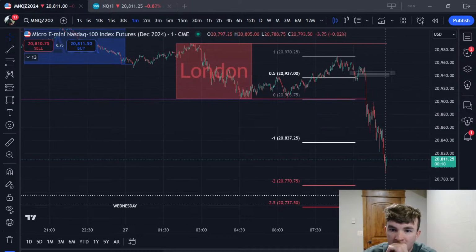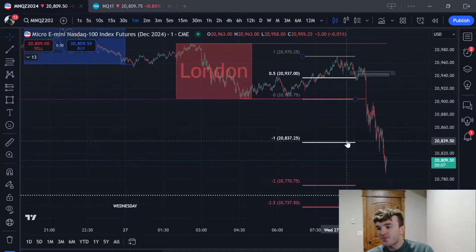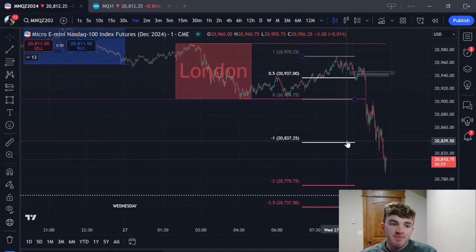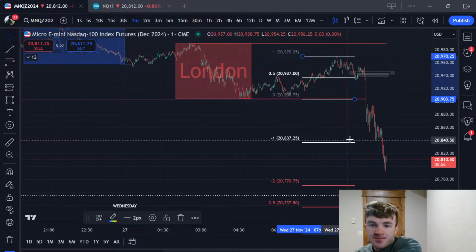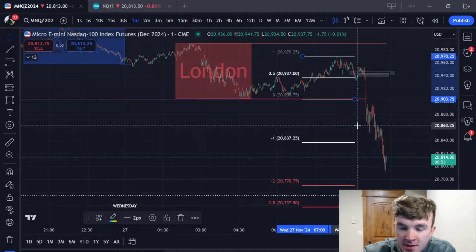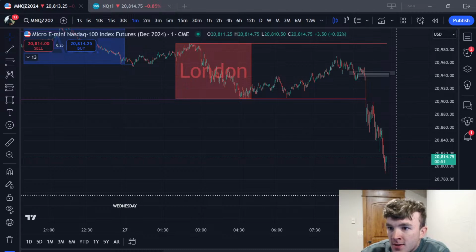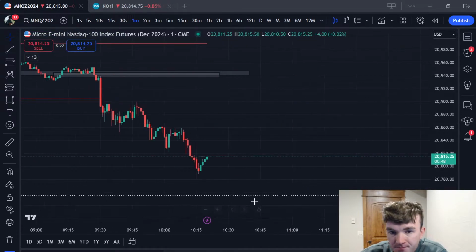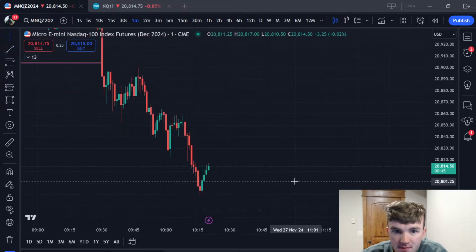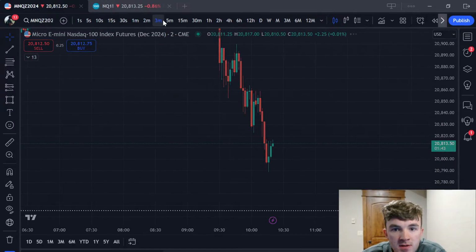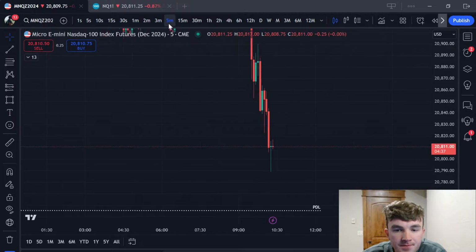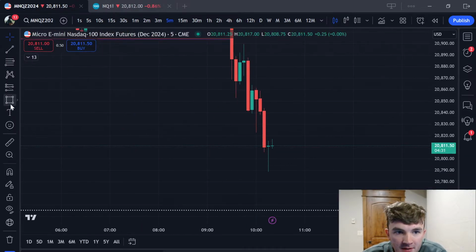Okay, so maybe I think we are drawing to the previous day's low. So with that in mind, we can maybe get a trade down there. So we have this 5-minute value gap.